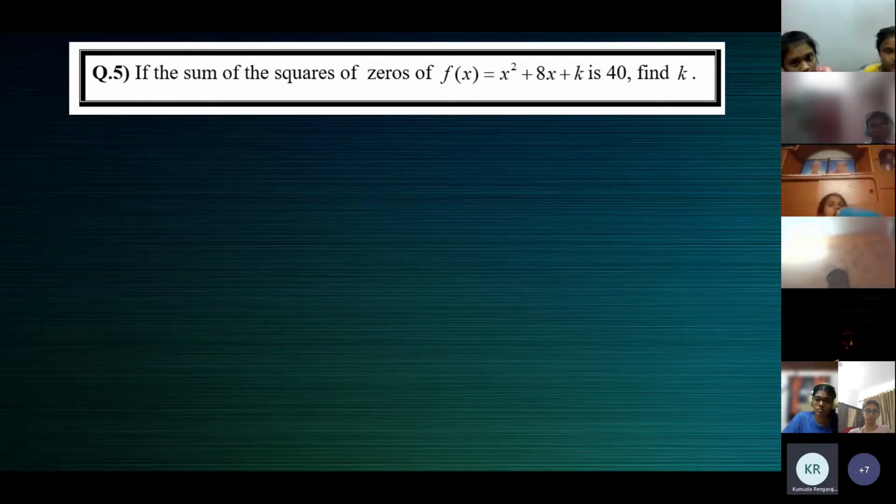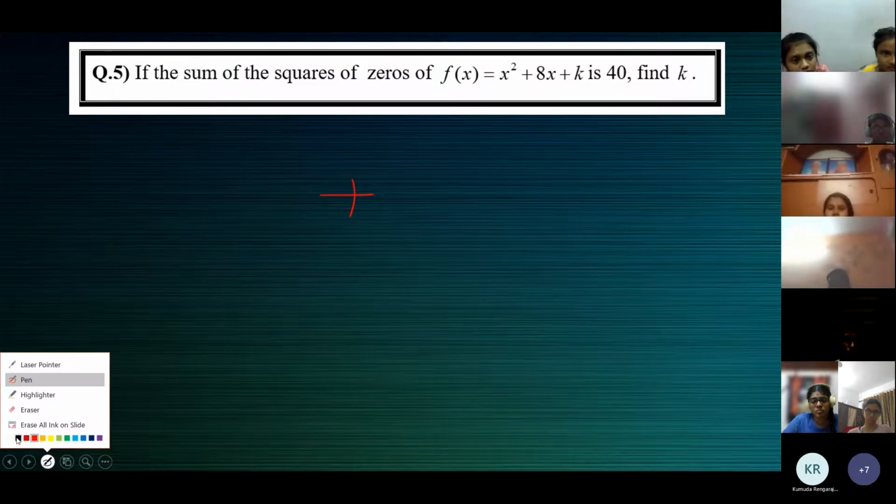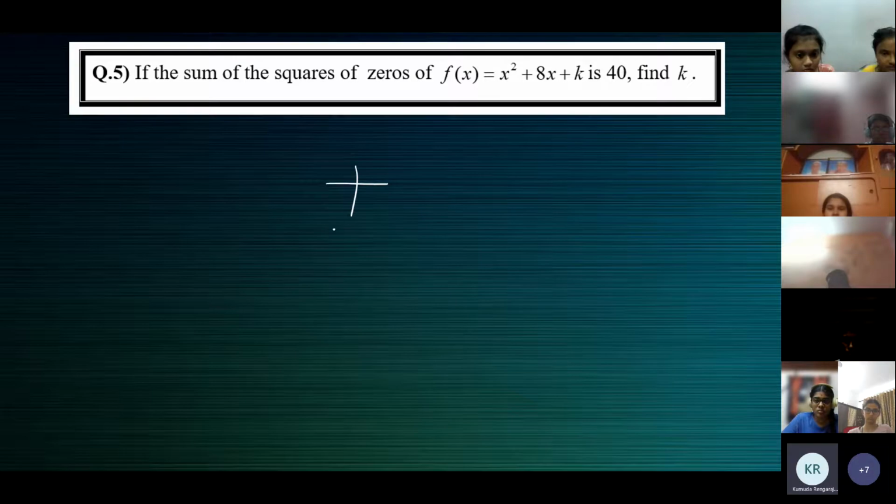What are we adding? The sum of the squares of the zeros. You're not adding the zeros. See here, the sum. Watch the screen. What are we adding? The sum of the squares of the zeros. Not this, this is the sum of the zeros.